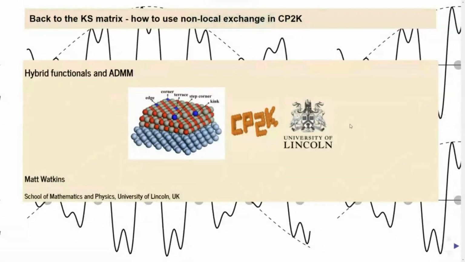Right, so the DFT, there's two bits. You've got to build a Hamiltonian matrix, which is some sort of description of the Hamiltonian of the system, so how you're describing the different energetic interactions in the system. And then there was a bit about how we diagonalize it and get the eigenvalues and states of the system.